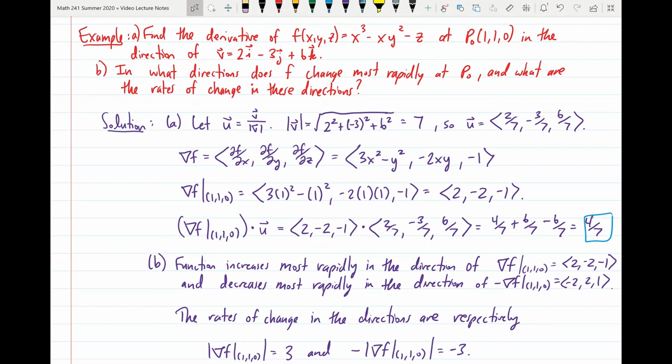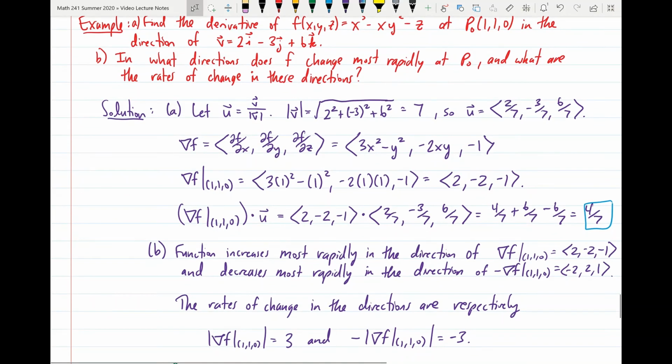And to do so, we take v and divide it by the magnitude of v. The magnitude of v ends up being 7, so our unit vector in the direction of v will be (2/7, -3/7, 6/7).